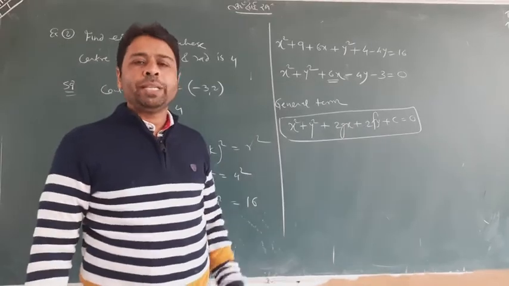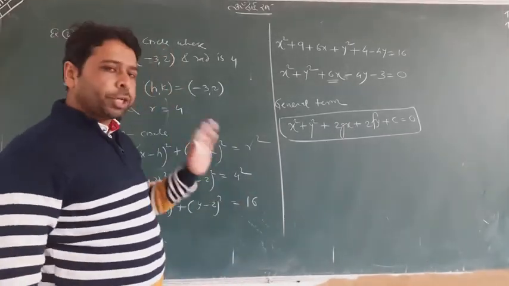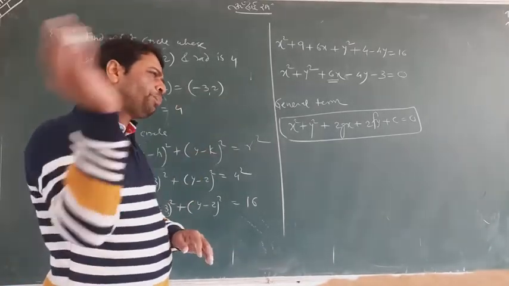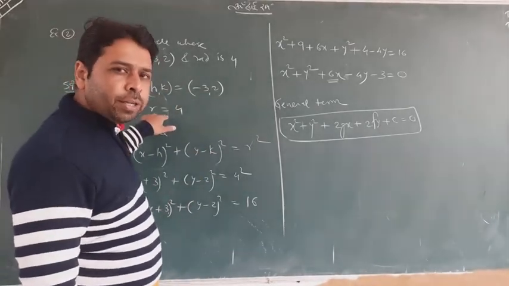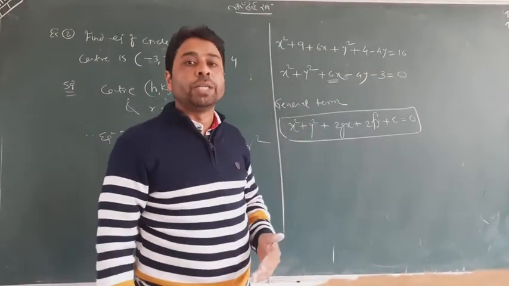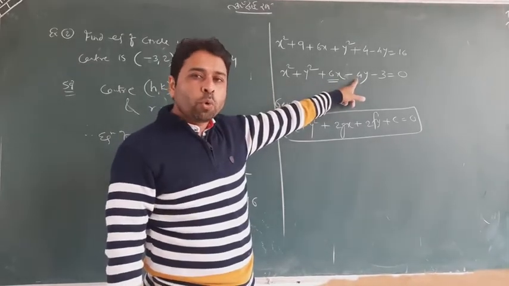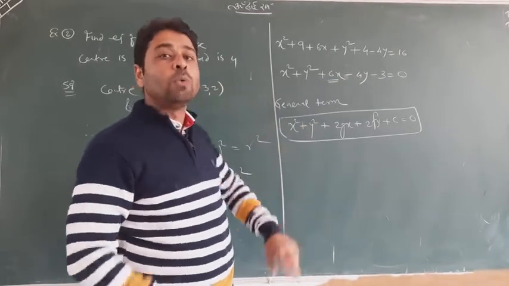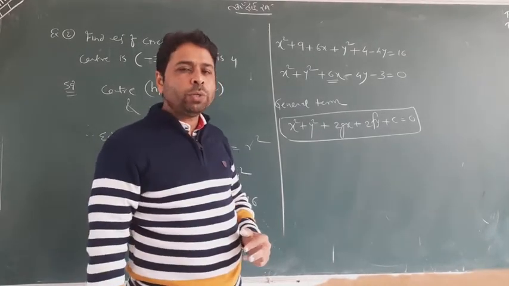Now, what is my main aim in telling you the next part? In this particular question, the center and radius were provided and you found the equation of the circle. Now make the question reverse. If you are given the equation of the circle and told to find the center and radius, what will you do?